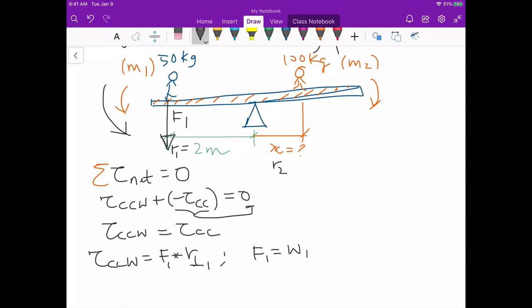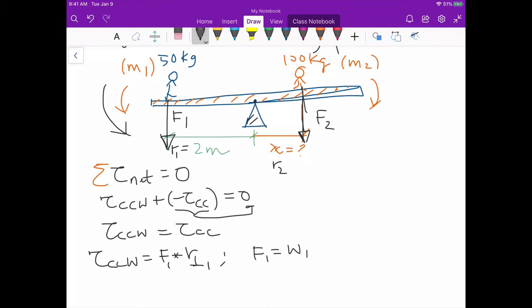Similarly, your F2 is going to be the weight of the second person. You may ask, how about the weight of the plank, the wood or the metal seesaw itself? We are going to assume it's uniform, and that it is hinged exactly at the midpoint.